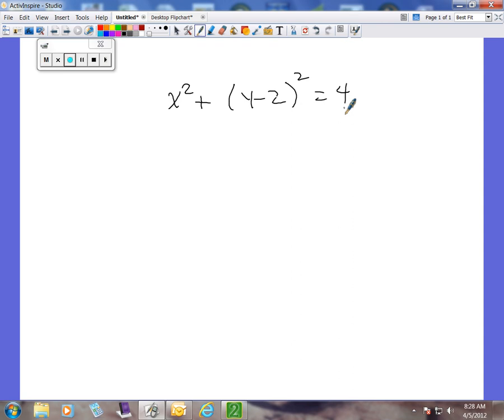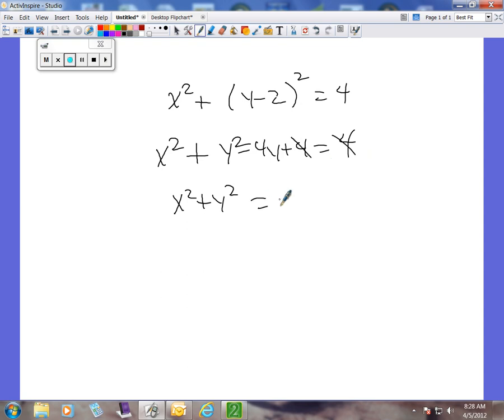What do we get when we square this binomial? Then it's getting pretty obvious what you're going to do next. We already have the x squared plus y squared here.